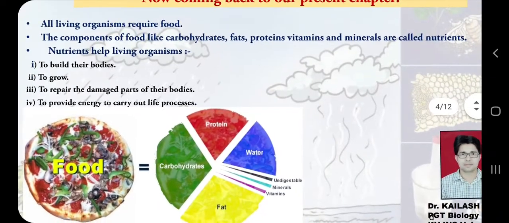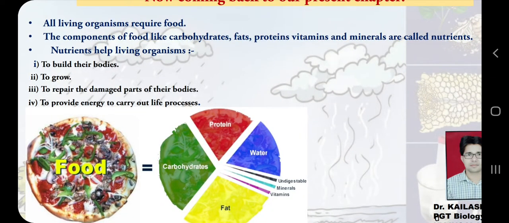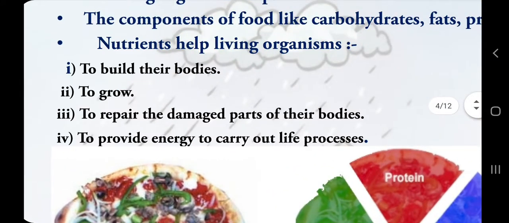with creatures. So we all need food to build our bodies, to grow, to repair damaged parts of our bodies, and to gain energy for day to day tasks. If we are saying that by food we are growing or building our bodies, it means that we are multiplying our cells to grow our body.